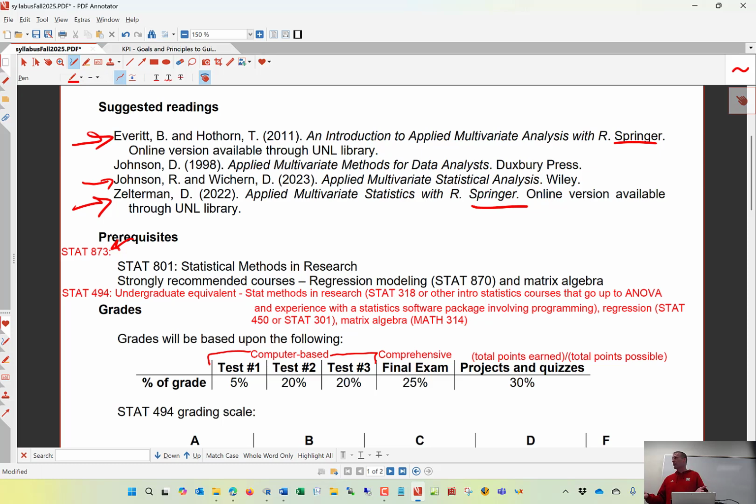That's what you would get out of 801. You would also get exposure to a statistical software package. When I teach it, I use R, but other professors sometimes use different packages.